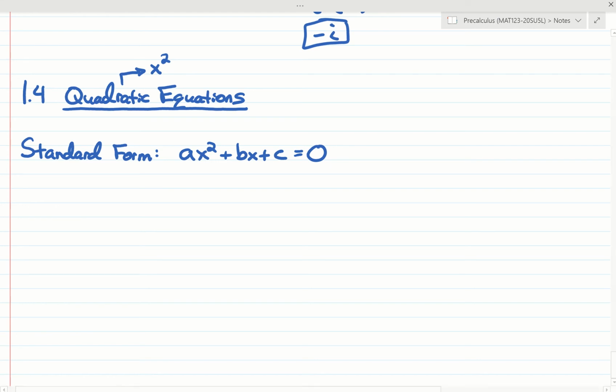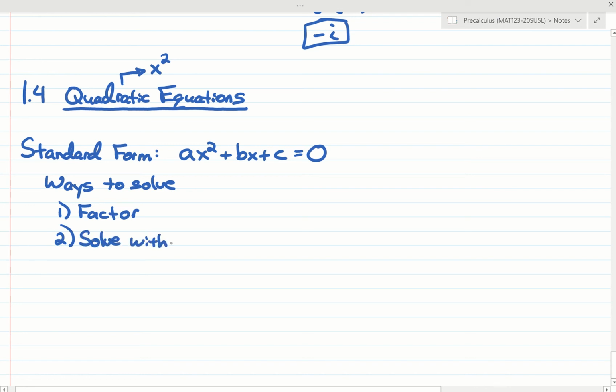Now there's a few different ways to solve an equation if it's in standard form, and we'll be going over all of these. One way to solve is by factoring, using the AC method. Another way to solve is with roots. Third way to solve is by completing the square.